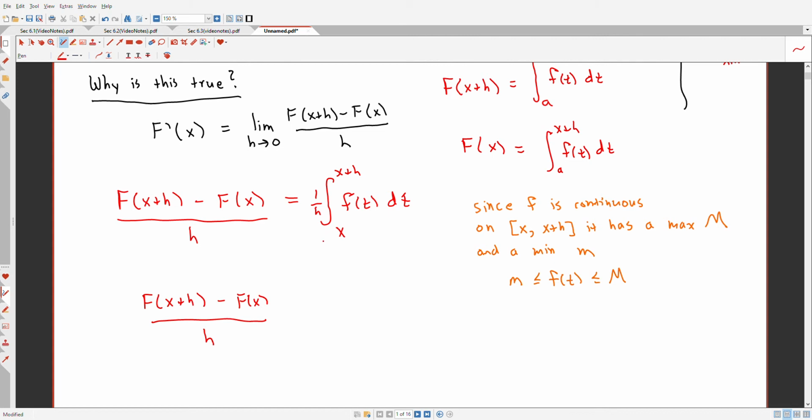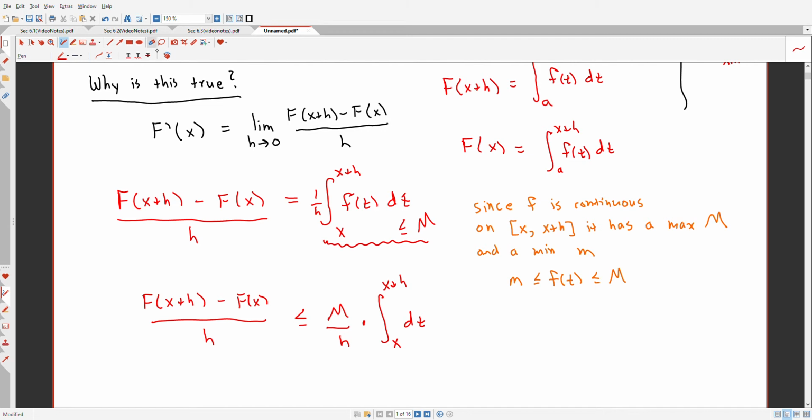Well, this integral is bounded by capital M, so I'll have capital M, and then I'll have that 1 over h, times the integral from x to x plus h of just 1 dt.